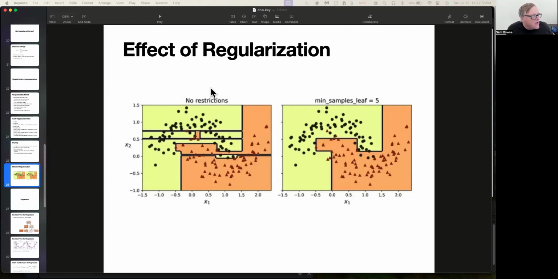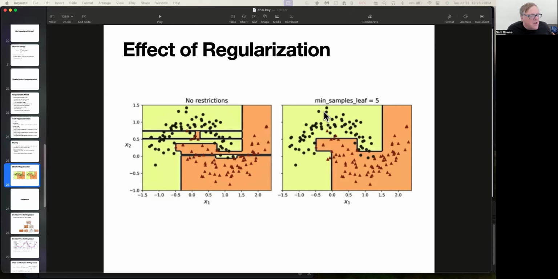And so here, if you have no restrictions and you're trying to separate this curved set of red dots from these green dots, then it will actually create this, where you have this complicated shape here, and then you have a group of stuff down here that you interpret it as light yellow instead of orange, and a group up here that you interpret it as orange instead of yellow. So it has enough if statements to create this complicated non-contiguous boundary.